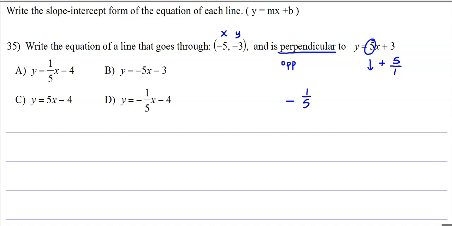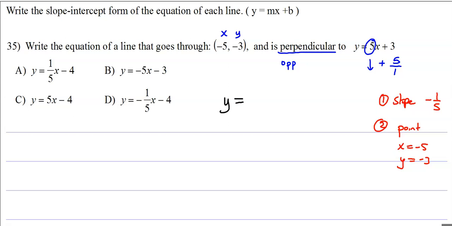So let's kind of write this over here. Step 1, get the slope. Got it. -1/5. Step 2, use my point where x is -5, y is -3. Let's plug that in and let's solve for b. So starter equation. Y equals mx plus b.